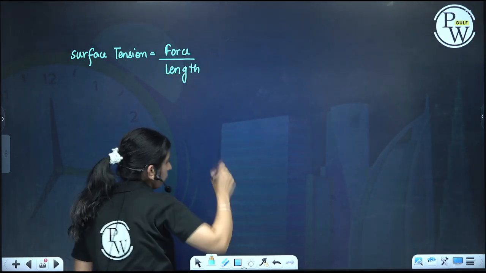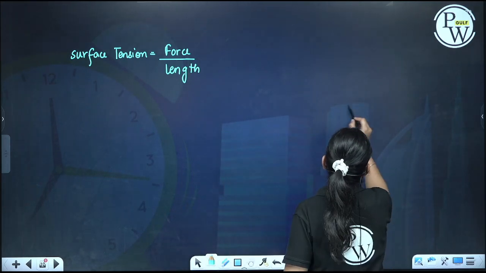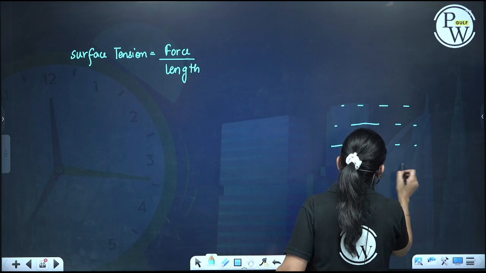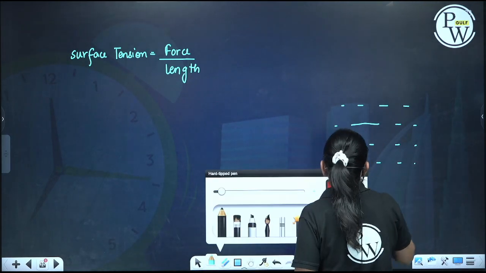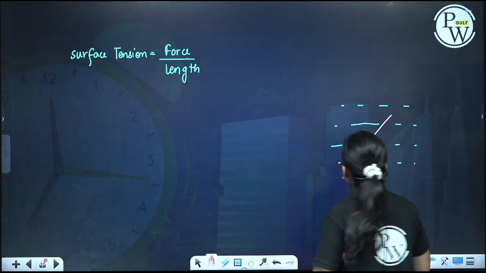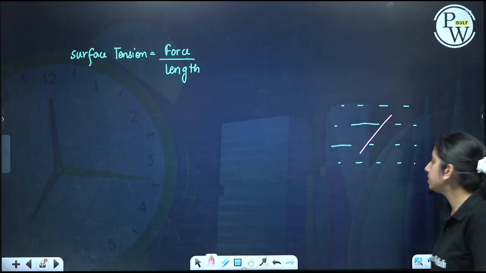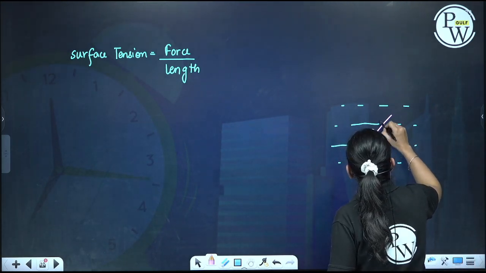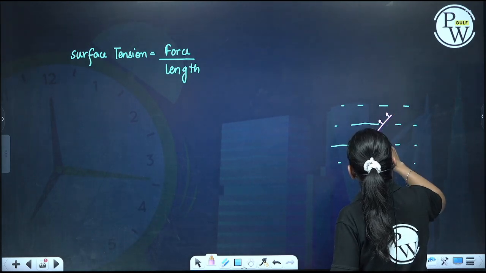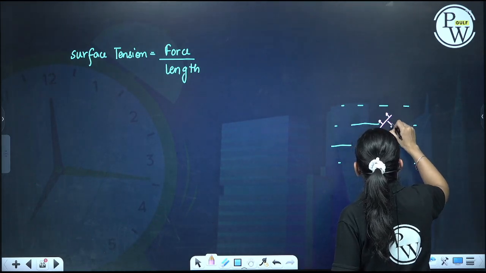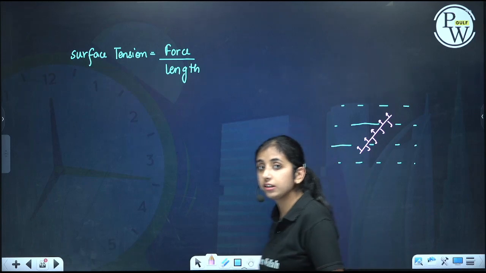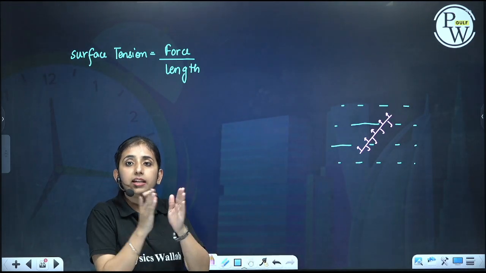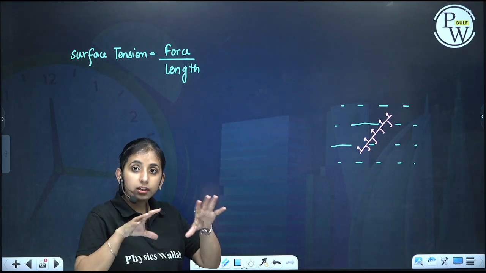Suppose we have a liquid. This is the free surface of any liquid, and consider an imaginary line on this liquid. This line is attracted by a force. All the molecules which are present on this line are attracted by the other molecules.